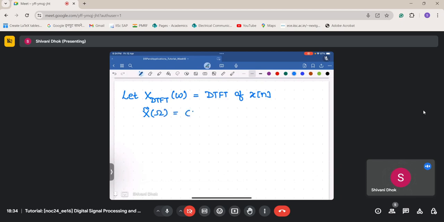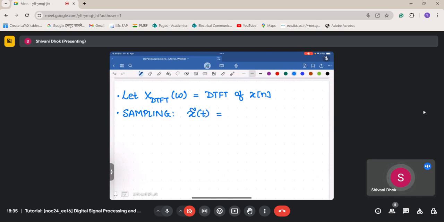Let us first look at the sampling that we are having. Sampling will give us some x tilde t.